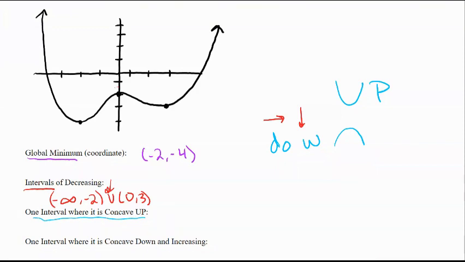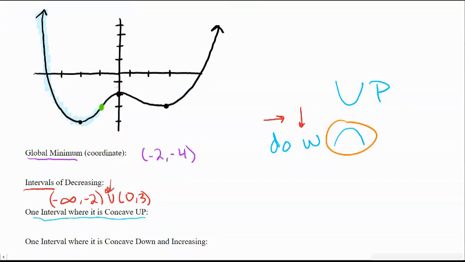So in this case, when we're looking at it, where is it concave up? I'm going to show you it's concave up in this section here because it makes a U, but really what's important to understand is that at this point right here, it is no longer concave up to the right of that, because if you notice, it's now kind of going down. Let me just change colors here.